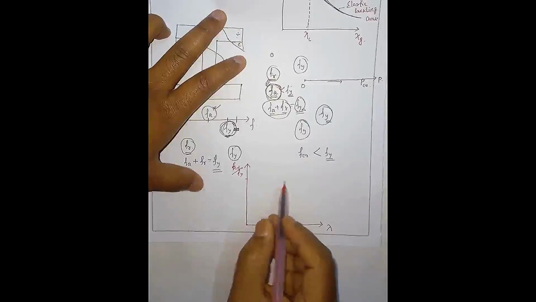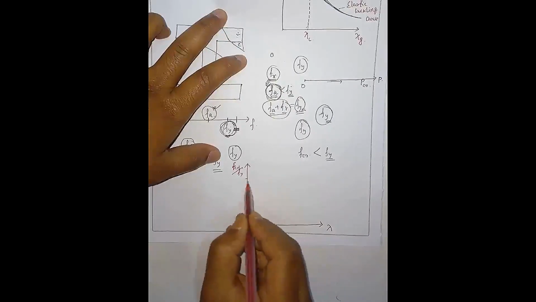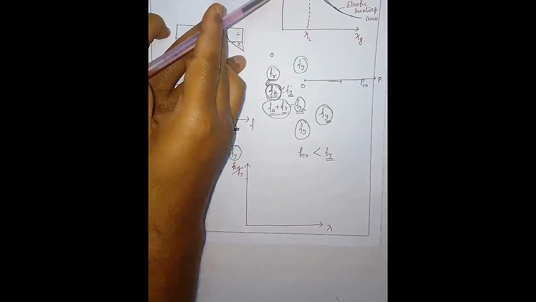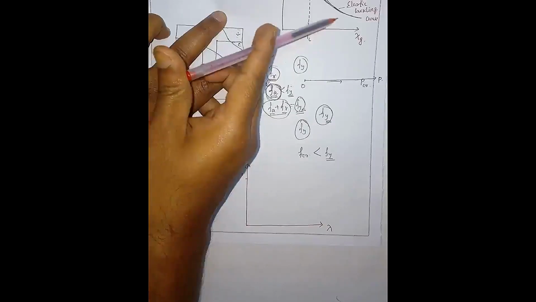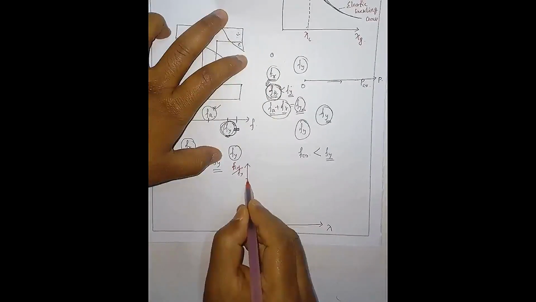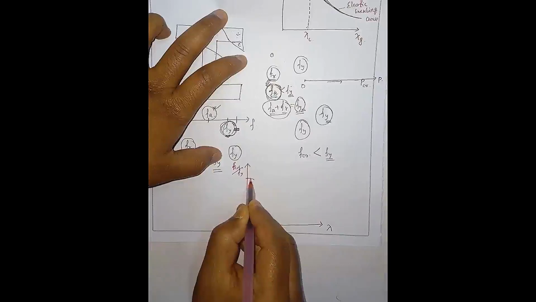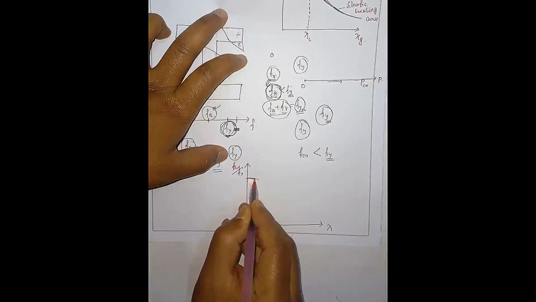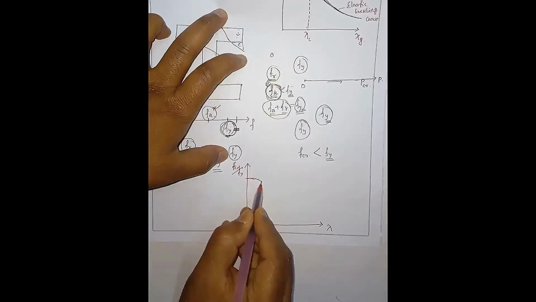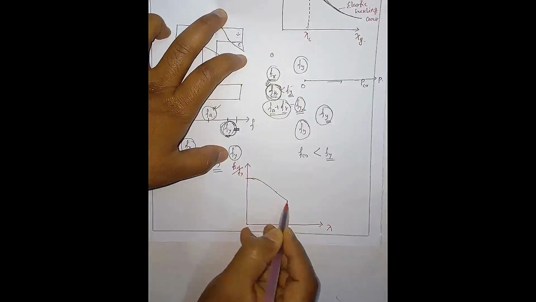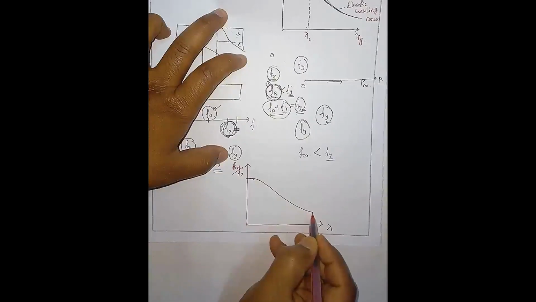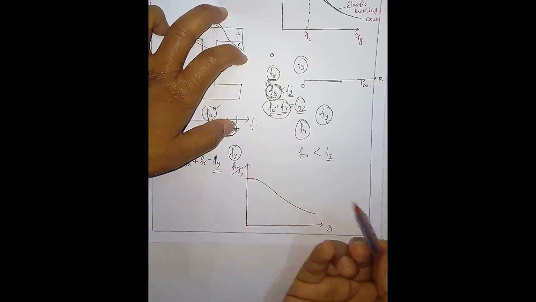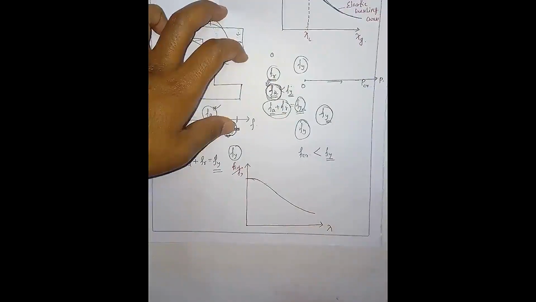Here the curve will be just lower than this curve. It will be maybe a straight line behavior, somewhat straight, not exactly straight, and then it will be like this. So this curve will come lower than this elastic buckling curve.